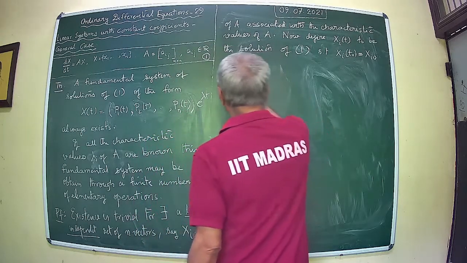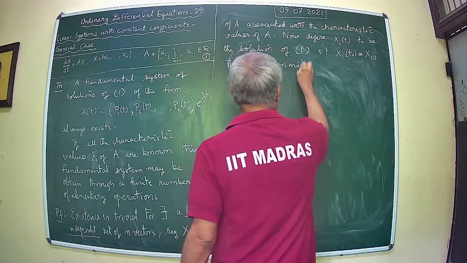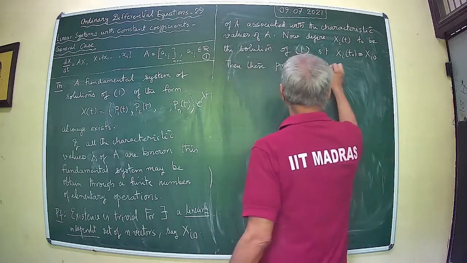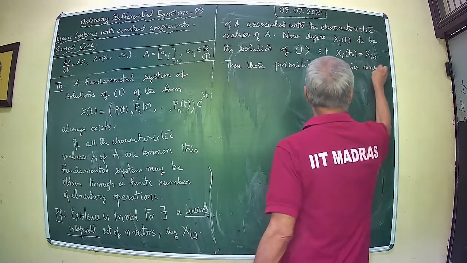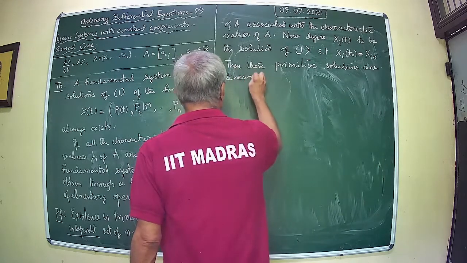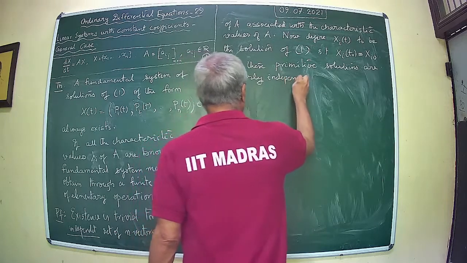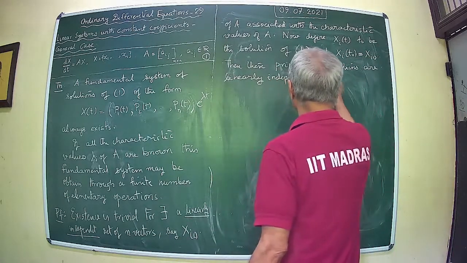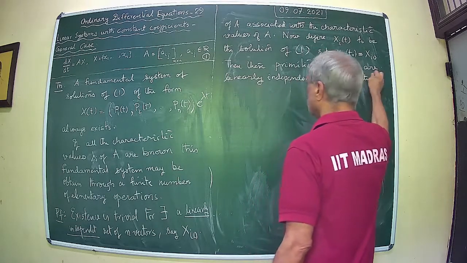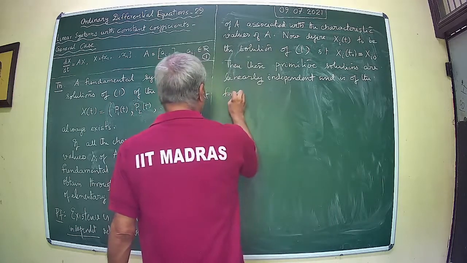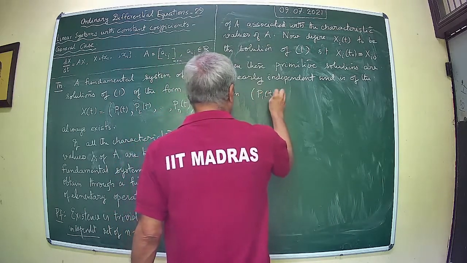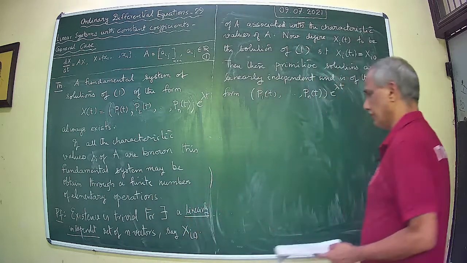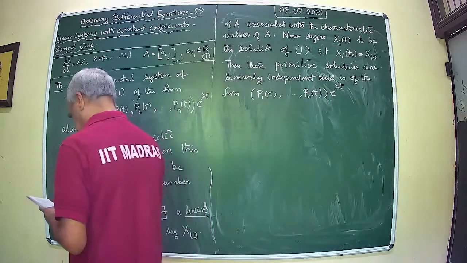These primitive functions, primitive solutions, are linearly independent and are of the prescribed form, where lambda is an eigenvalue or characteristic value. Okay, so that is there.